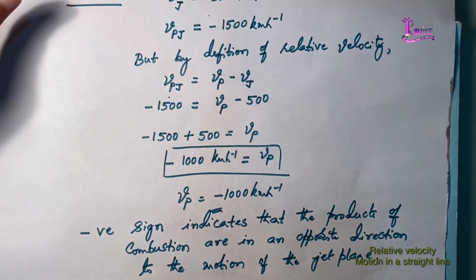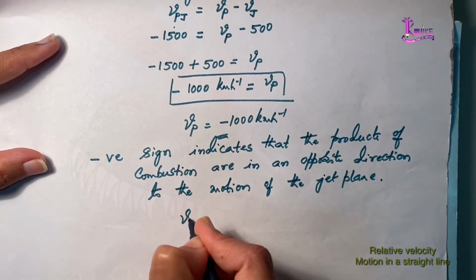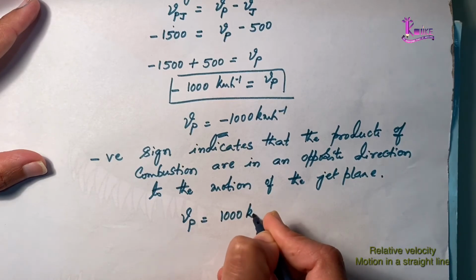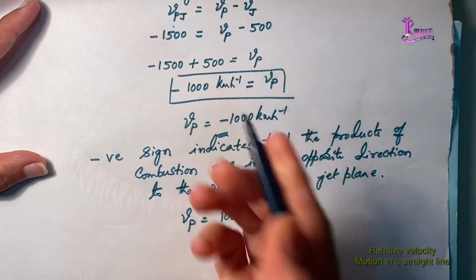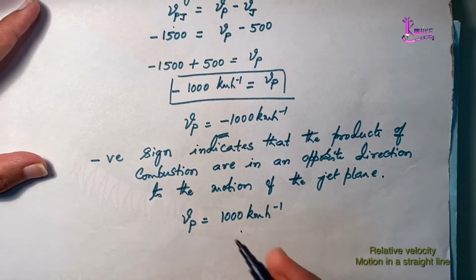Right. Now if you want, you can convert that into meter per second. So, Vp is actually just 1000 km per hour. The minus sign only tells you the direction, the magnitude is 1000.